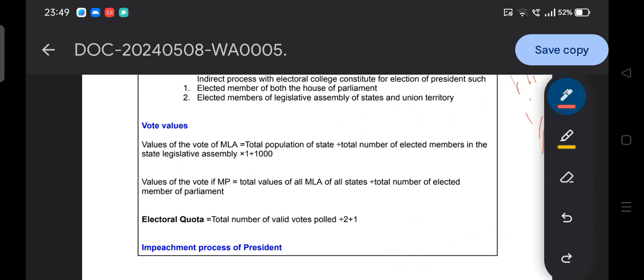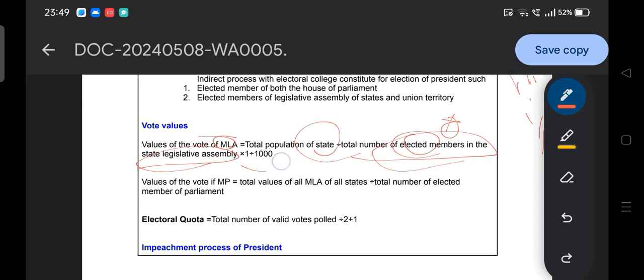So quickly, the vote value of the MLA. It is the total population of the state divided by the total number of elected members in the state legislative assembly, multiplied by 1 by 1000. Do remember elected members, because they can confuse you.